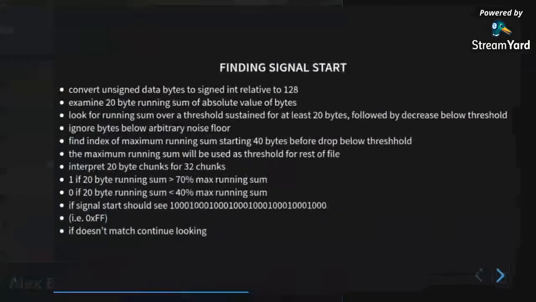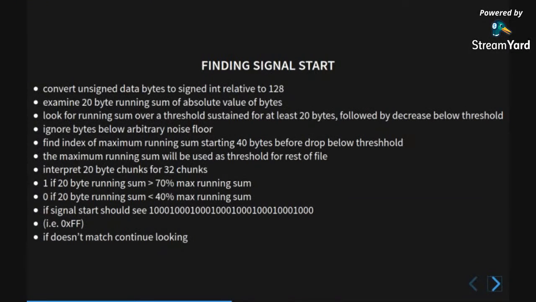So I basically used 70% of the maximum is a 1, and below 40% is a 0, and anything in between probably indicates I got too much noise or something's wrong. And then FF would look like those 1s and 0s. And if I don't match that, I continue on and keep on scanning through the file.